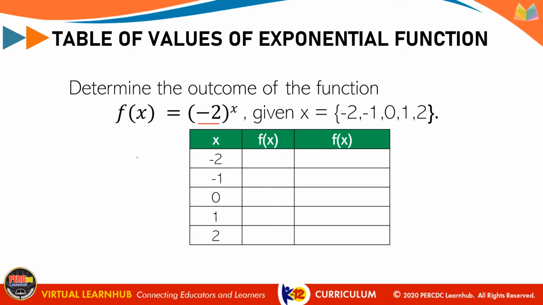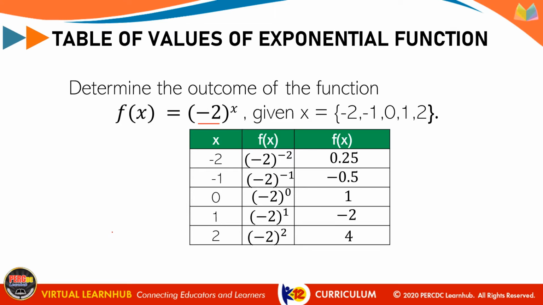Okay, so let's substitute. If we raise negative 2 to negative 2, that is 0.25. Negative 2 raised to negative 1, that is negative 0.5. Negative 2 raised to 0, that is 1. Negative 2 raised to 1, that is negative 2. And negative 2 squared equals 4.